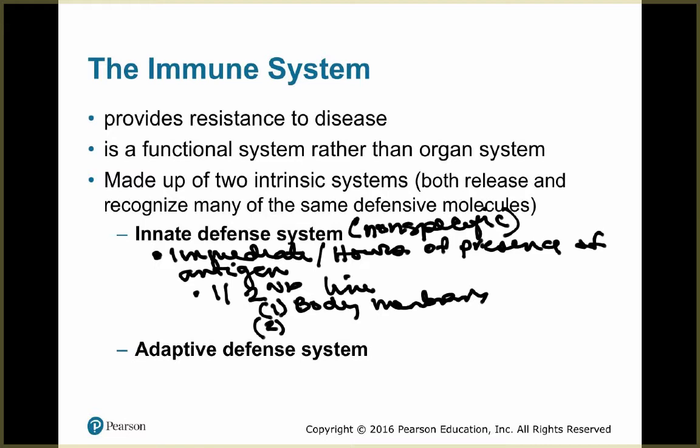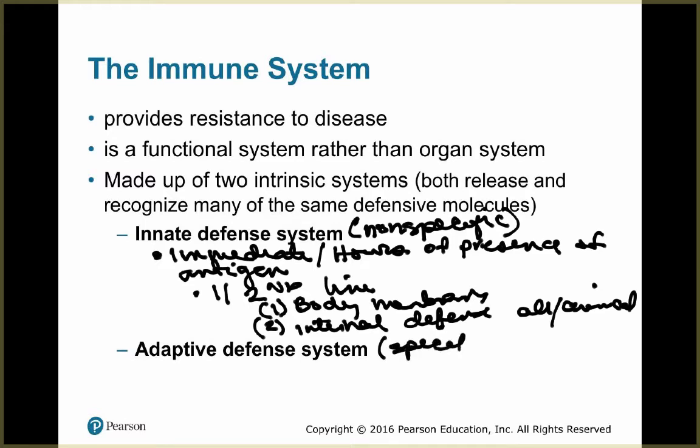And inflammation is an important mechanism in here. So it's basically this internal defense against cells or chemicals. Then we have what's known as the adaptive, or specific, defense system.